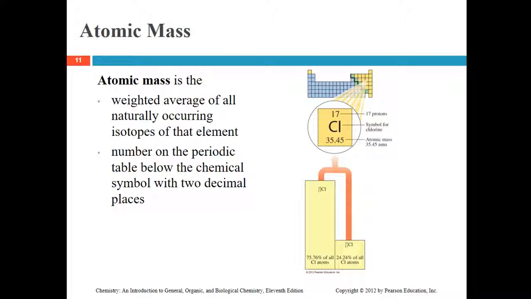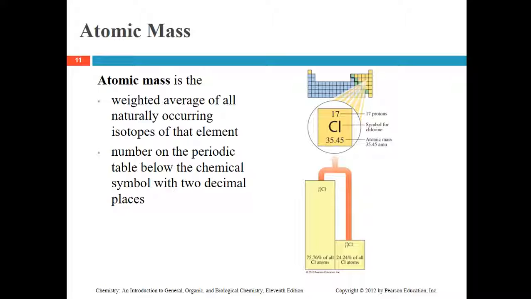All right, one last thing. You may notice that when you're looking on the periodic table, depending on the periodic table you're looking at, specifically the one in your book, the bigger number isn't always a whole number. Well, that's because the atomic mass, which is slightly different than mass number, the AMU, is the weighted average of all the natural isotopes of that particular element.